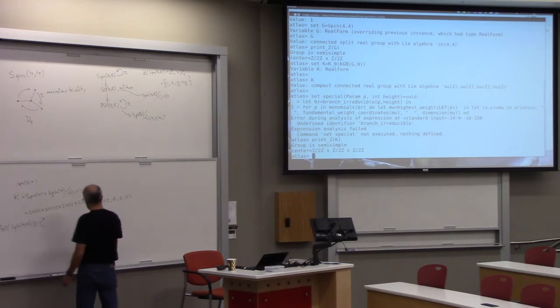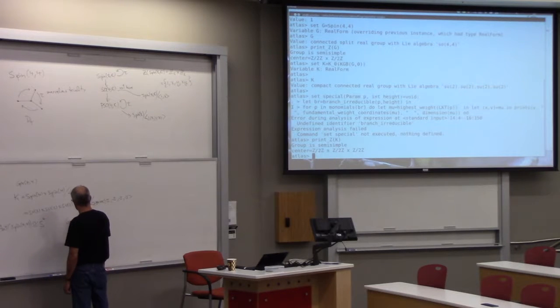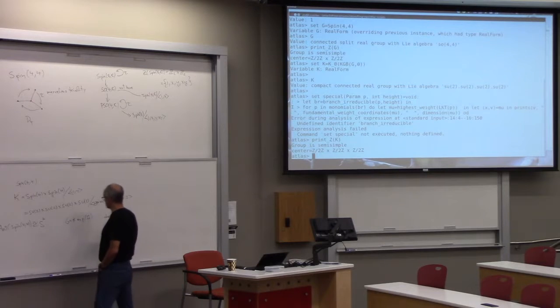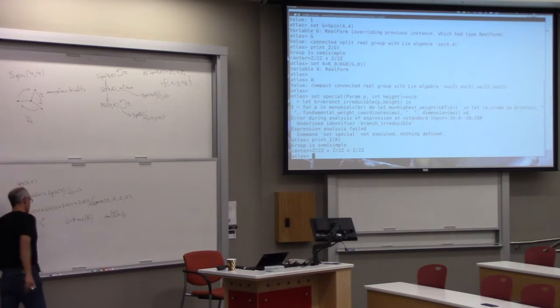Yeah, that's right. So G is equal to K times P. And what's the dimension of P? 16. This is a 16-dimensional representation of this fellow.